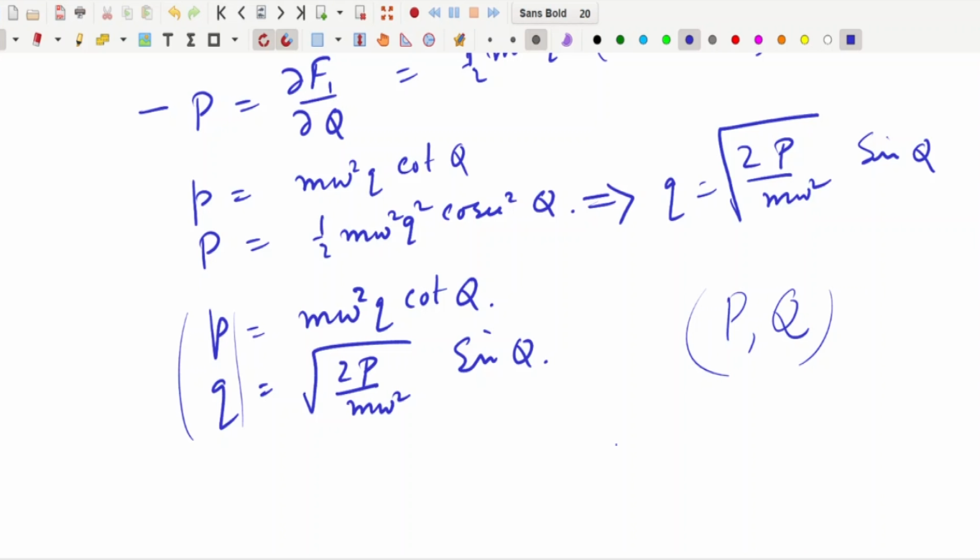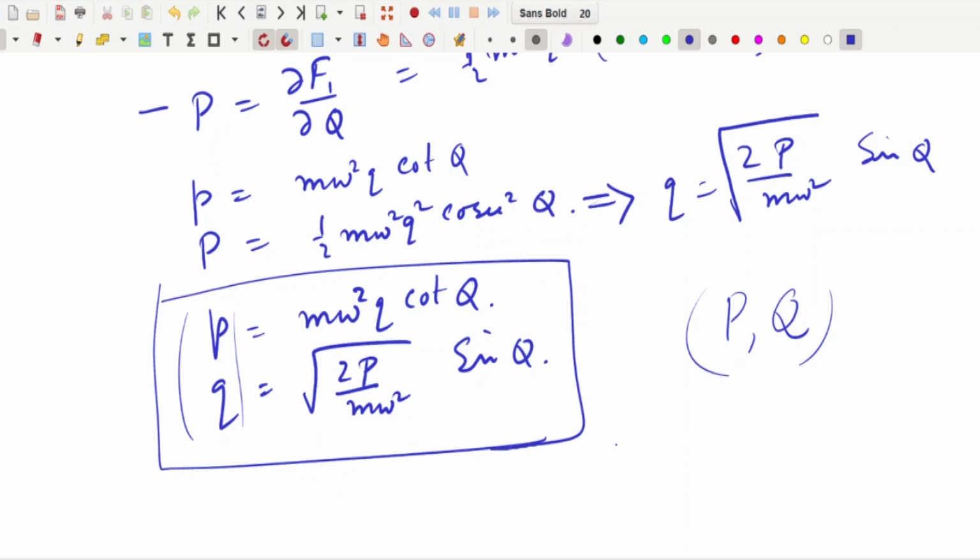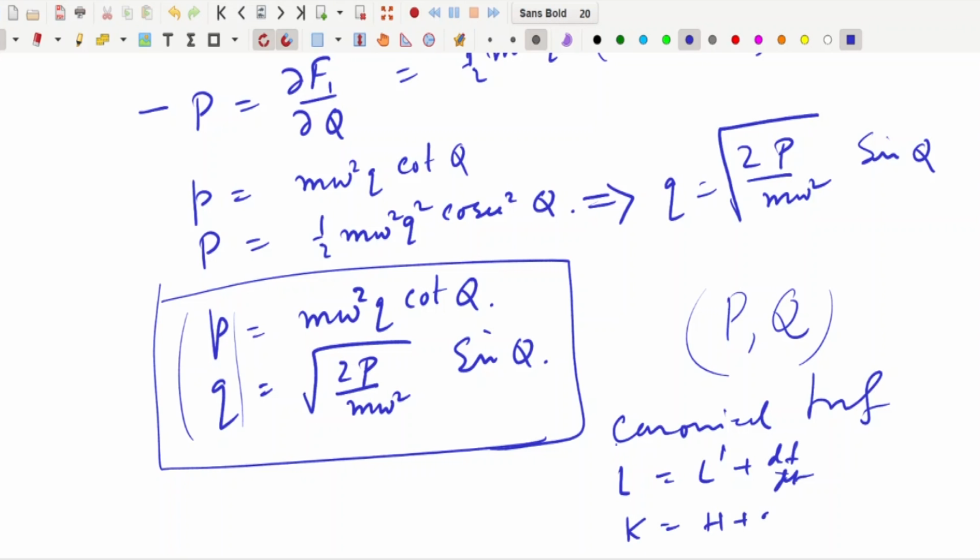So, F1 of the given form generates this canonical transformation, which corresponds to L equals L prime plus df/dt in the Lagrangian formulation, or K equals H plus ∂f/∂t.